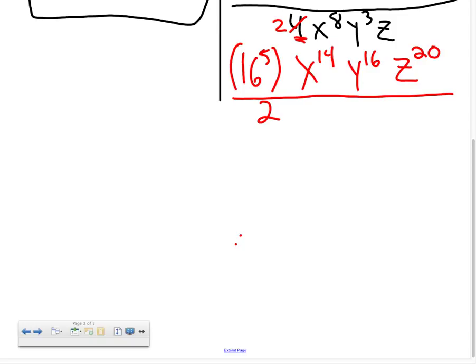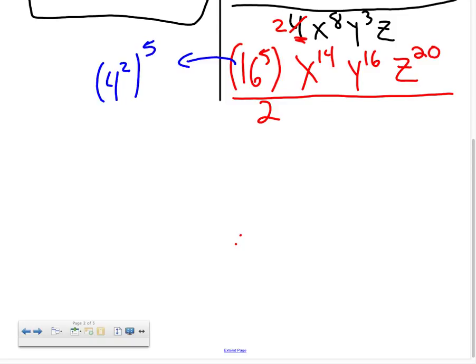16 and 2 don't look like they can cancel, but they actually can. Because even though it's 16 to the 5th, we can still kind of transform it a little bit. So I'm going to take that 16 to the 5th, I'm going to think to myself, well, what really is 16? 16 is really just 4 times 4, right? 16 is the exact same thing as 4 squared. So let me write it like that. Let me take 16 and write it as 4 squared to the 5th.